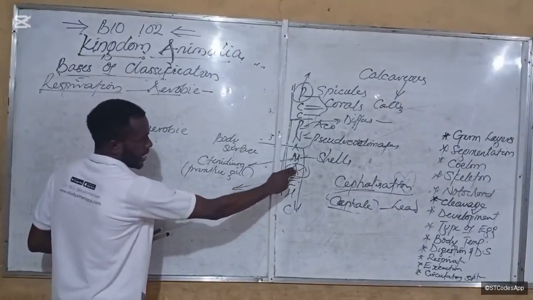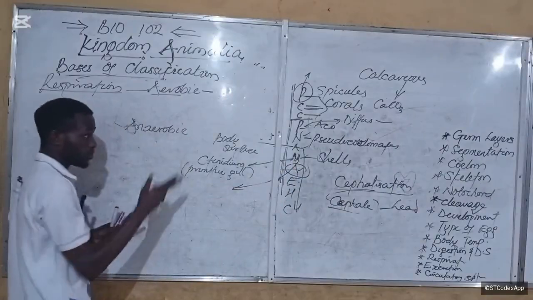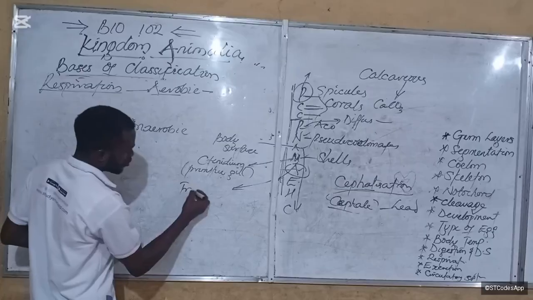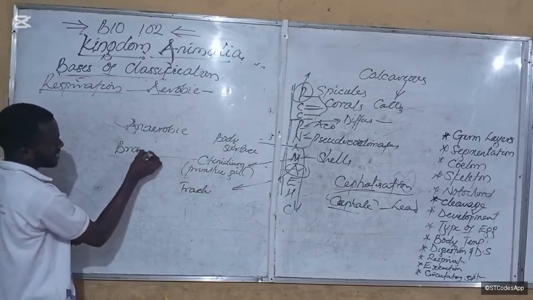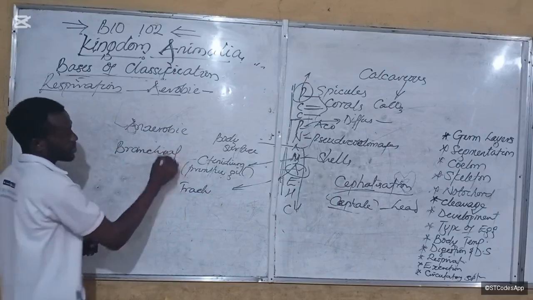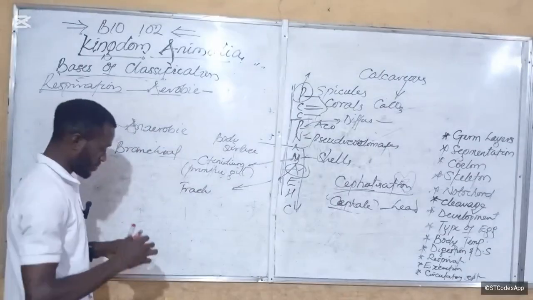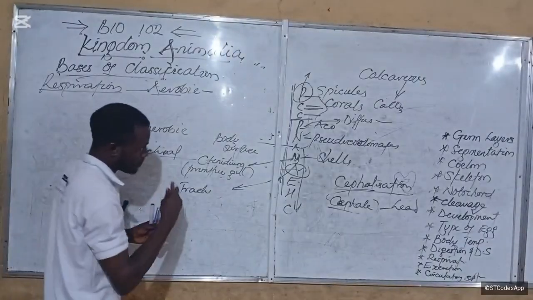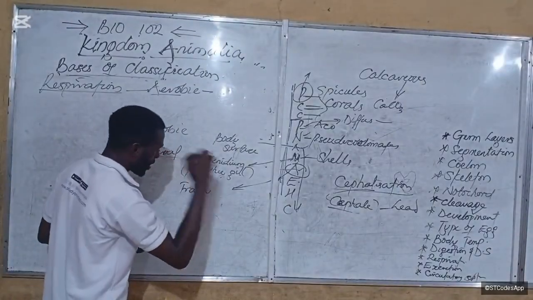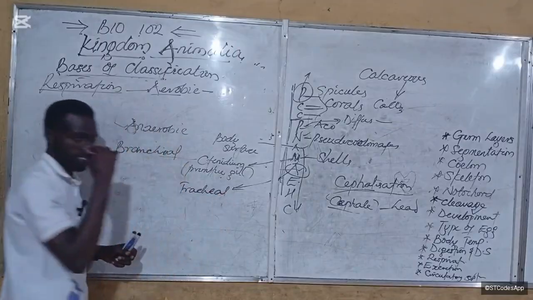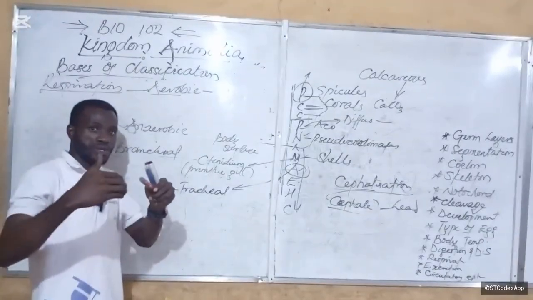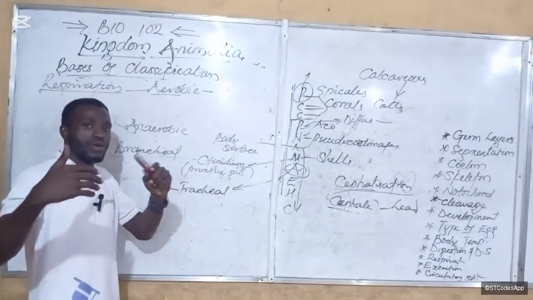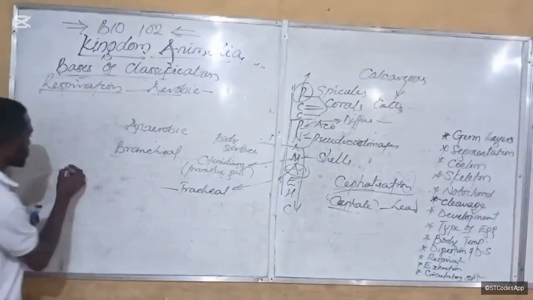Then this guy, arthropods, they use a tracheal system. So these ones use what is called a branchial system. A branchial system is a system of gills. Is that clear? While the arthropods use a tracheal system, that is, oxygen permeates their body through holes in their body called spiracles.